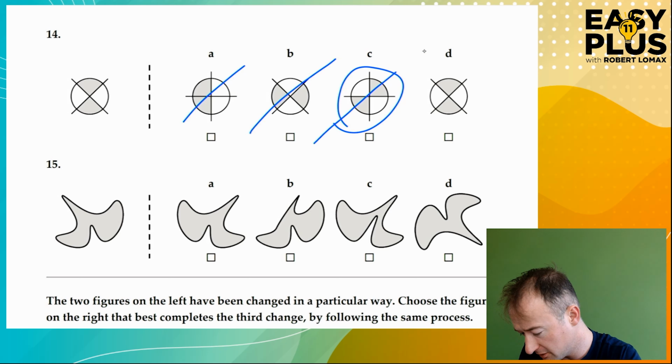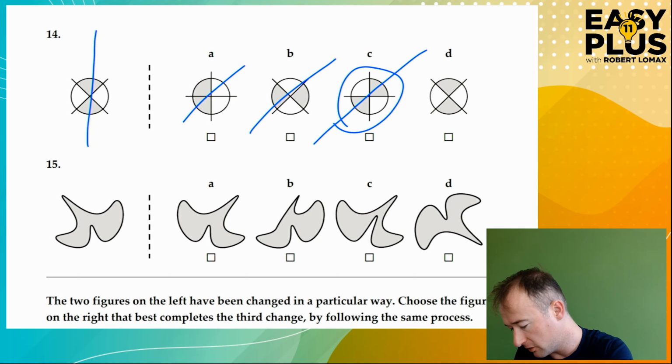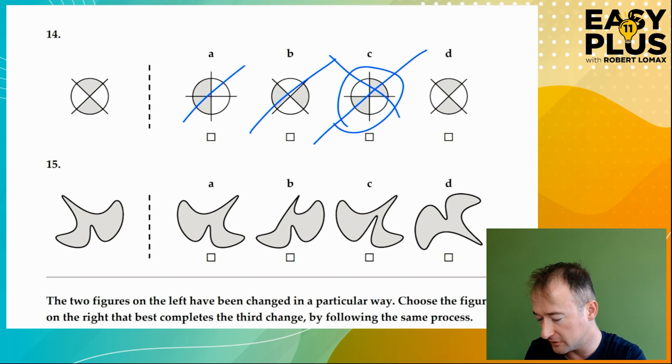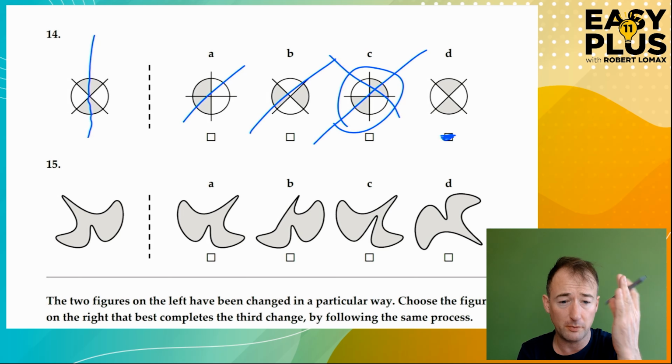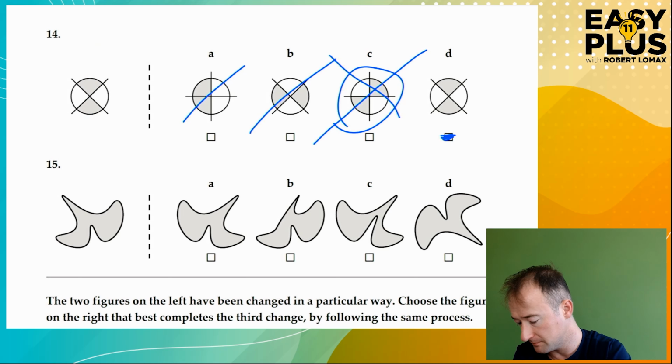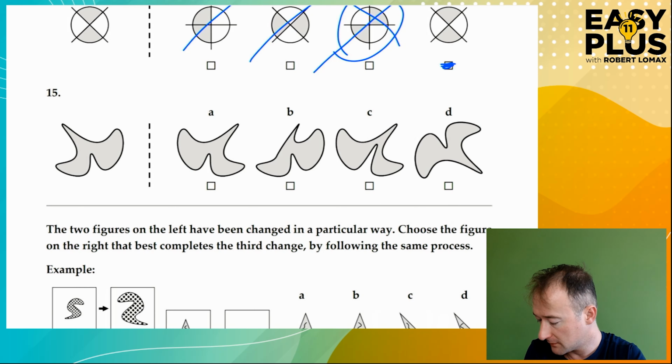The shaded lines are along this diagonal, not along the vertical as we have there. So C is not the right answer either. And we go to D, it's the only possibility left. And actually D looks the same because this figure here has symmetry. So when you flip it over, it will look the same. D is the answer. On to number 15.